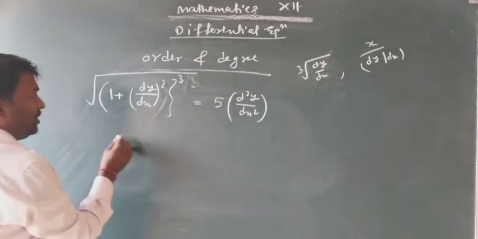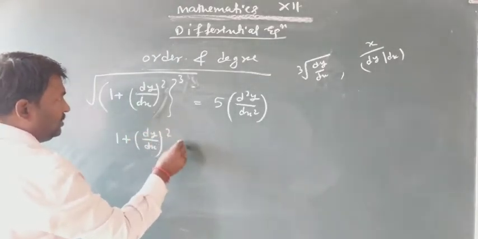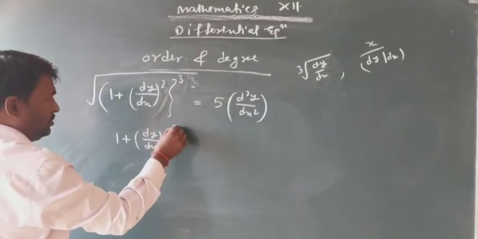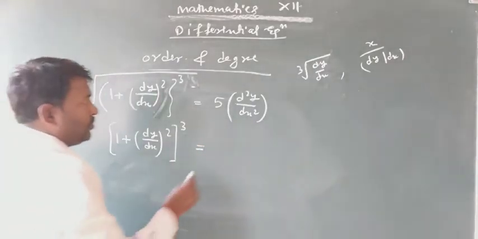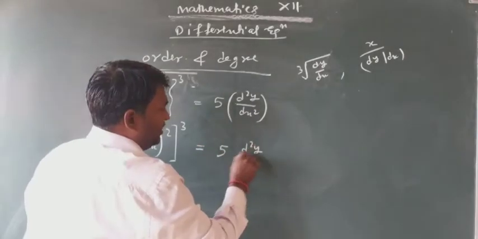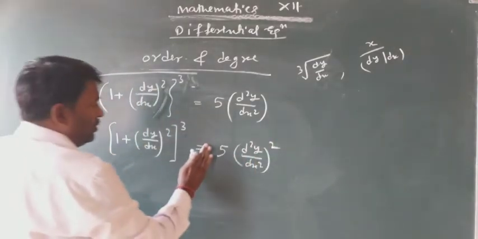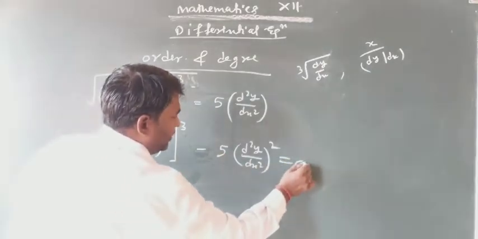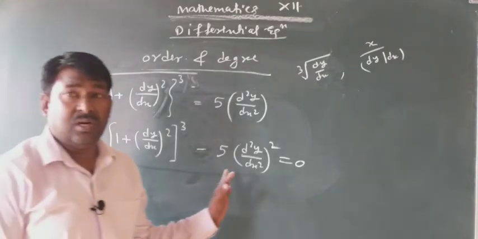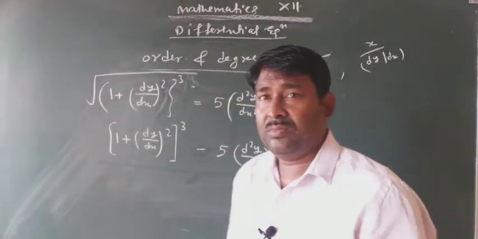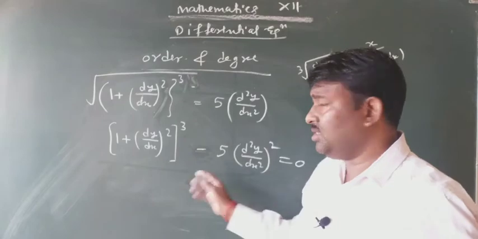So, squaring both sides, what do we get? 1 plus dy by dx whole square, whole power 3. Just see, whole power 3. This is equal to 5 d2y by dx square whole square. Now, if you write it on the left hand side, the right side will become 0. Now, in this differential equation, what is the maximum order of the derivative of the dependent variable present in this equation?